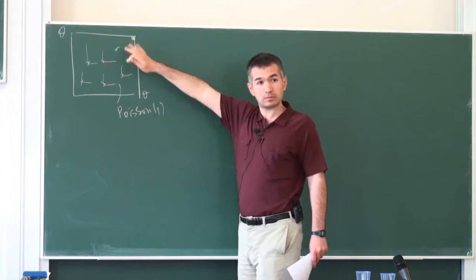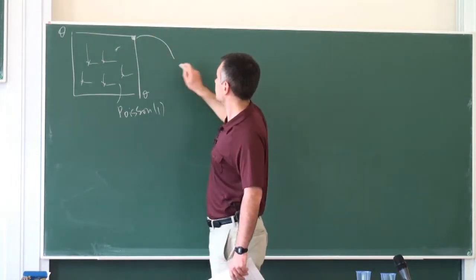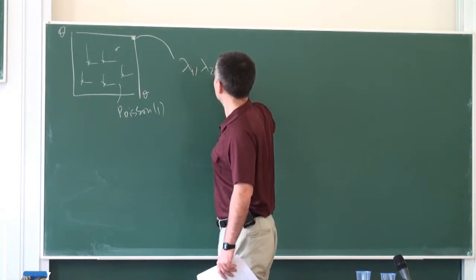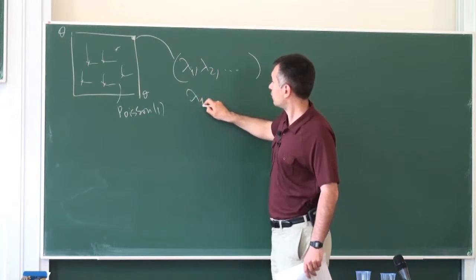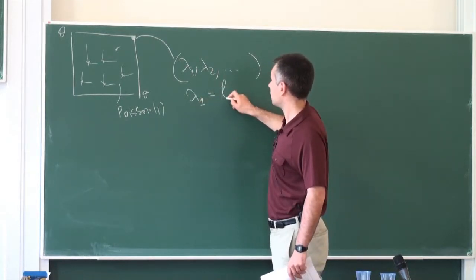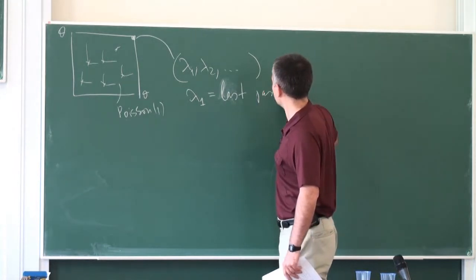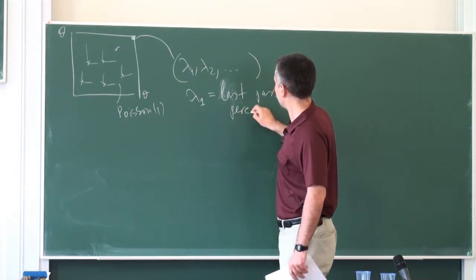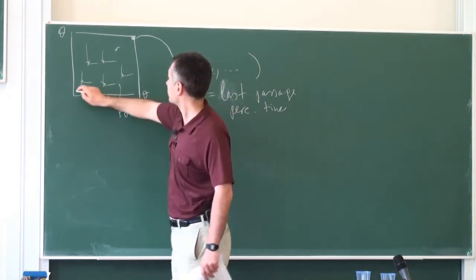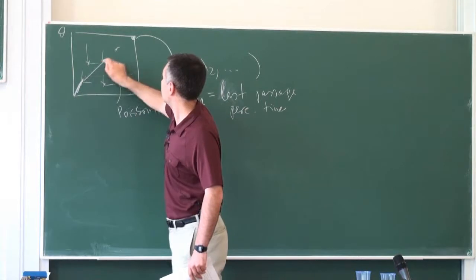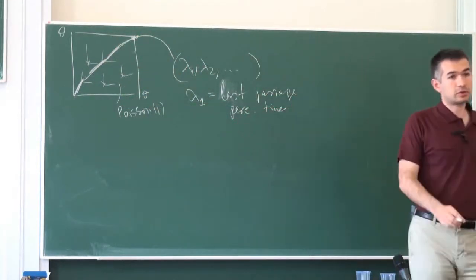And using some line construction, I produced a partition sitting at this point, such that its first part was actually the last passage percolation time. Last passage percolation time, in the sense that it was the maximal number of locations of Poisson points that I could collect using upright paths from the corner to that location.